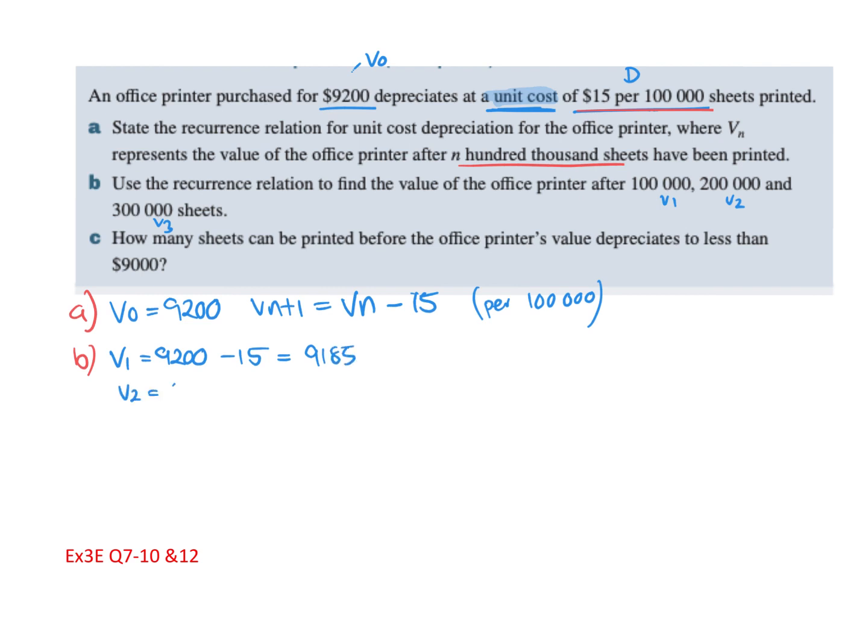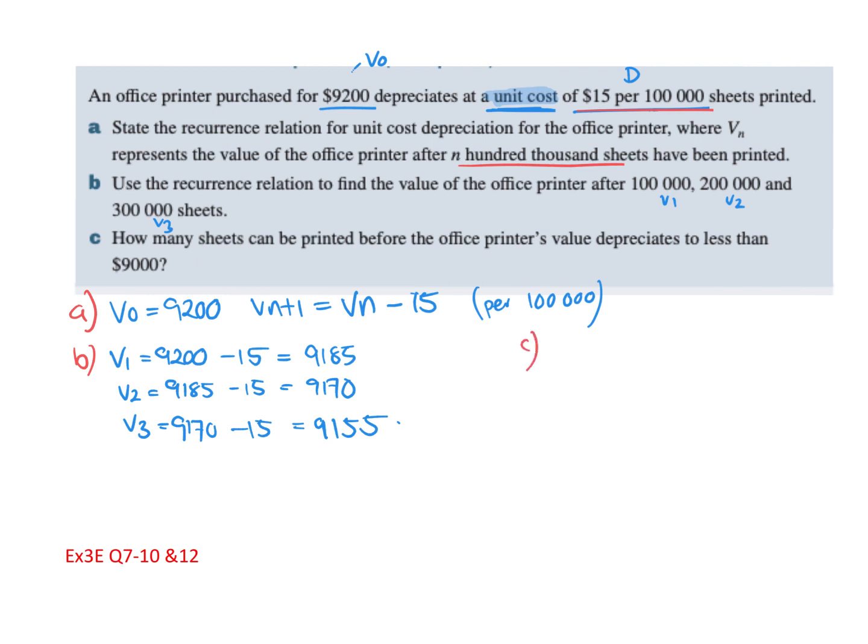V2 would equal 9,185 minus 15, 9,170, and V3 equals 9,170 minus 15, which equals 9,155.